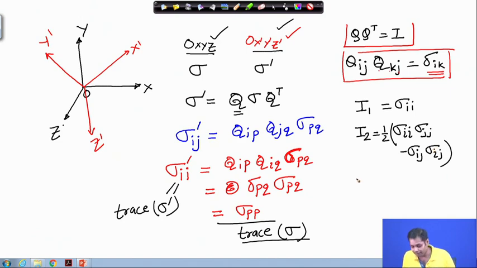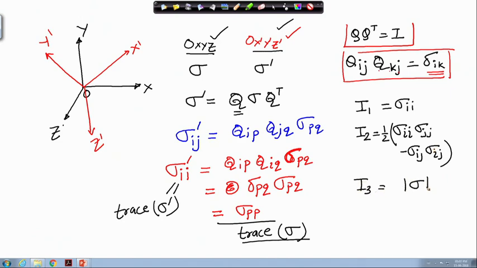The third invariant, I3, will be the determinant of sigma. Now, the determinant can also be written in indicial notation.